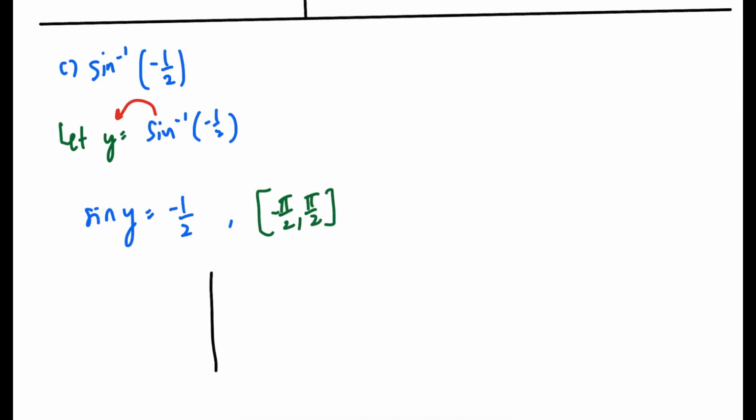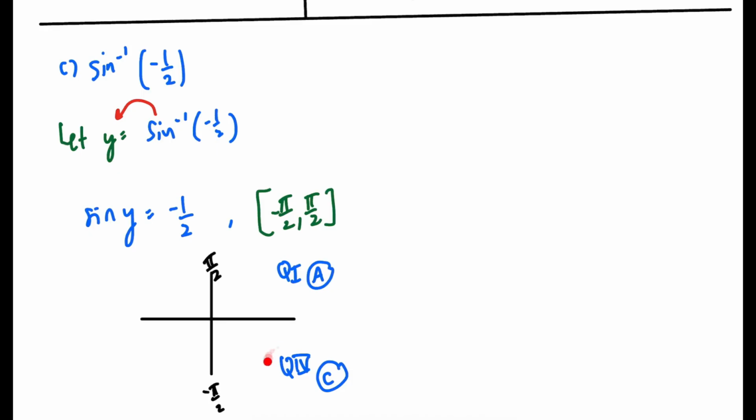So here, I want to draw the quadrants for you so that you are clear. It must be between -π/2 and π/2 only, so your angle must be only in quadrant 1 or quadrant 4. If your sine is positive, definitely you are an acute angle in quadrant 1, but if your sine is negative, definitely you are in quadrant 4. Since y now is negative, our angle should be here.